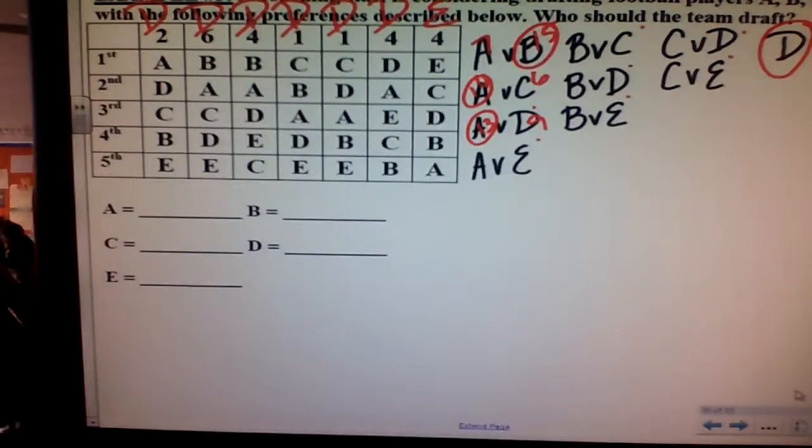Good. A versus E. A. That should have been 18-4. B versus C. C. That was a tight one, 10-12. B versus D. Tie. That was a tie. Okay, 0.5, so they each get 0.5 for those. It was 11-11.